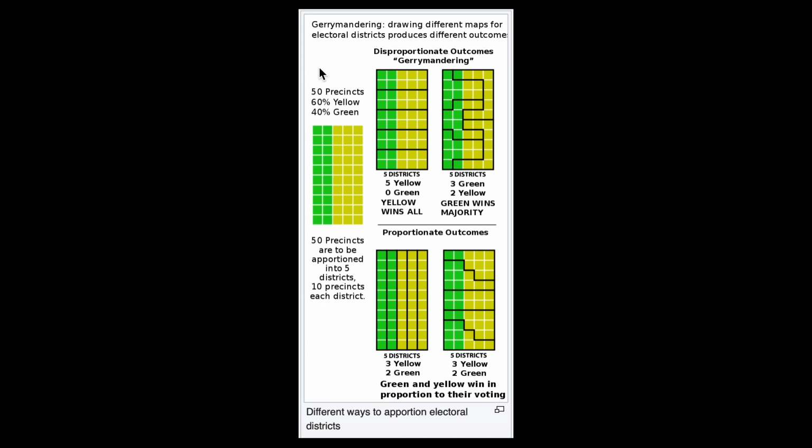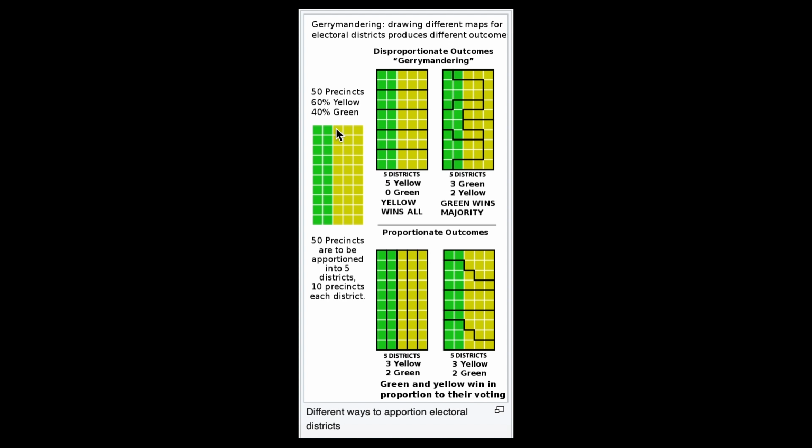Without thinking about the districts, for example, we have 50 small blocks here. Let's imagine that each block represents 1 voter. As you can see, out of the 50 voters here, 20 of them voted for the Green Party, let's say, and the remaining 30 voters voted for the Yellow Party.